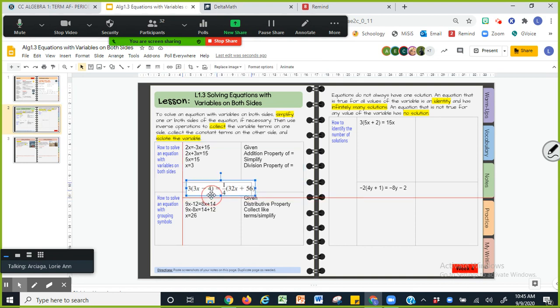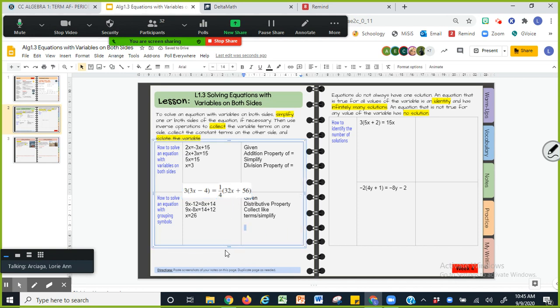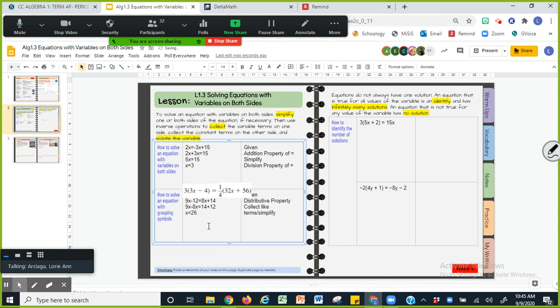Let me put this back. All right. Okay, so in both of these examples, we got one solution for each of the equations. But in the next example I'm going to show you, that might not be the case.